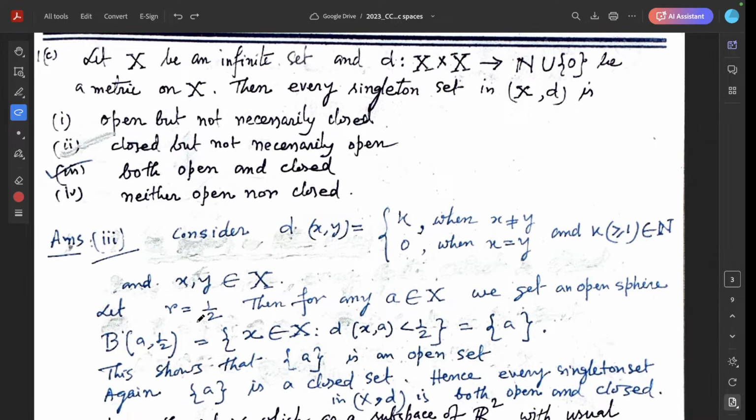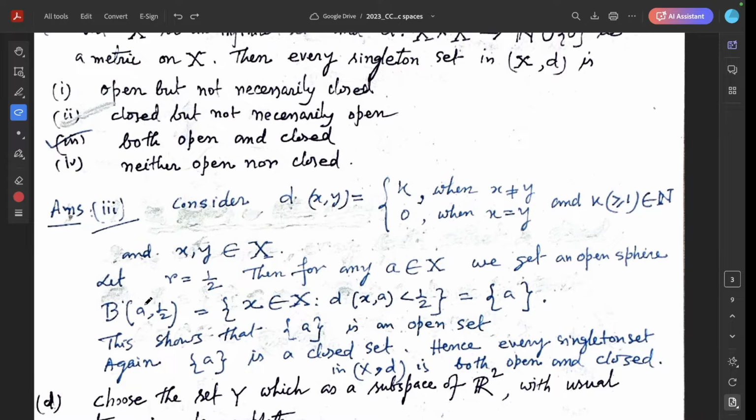Now let r equal to half. Then for any a belonging to the set X, we get an open sphere centered at the point a with radius half. B(a, 1/2) is the set of all those x belonging to X such that d(x, a) is less than half.